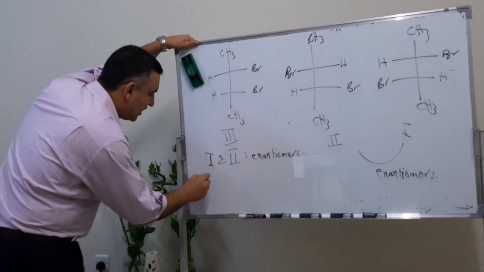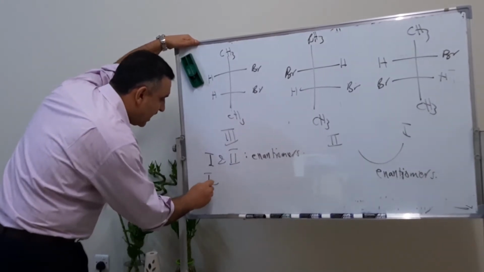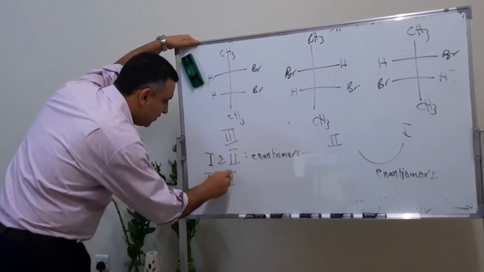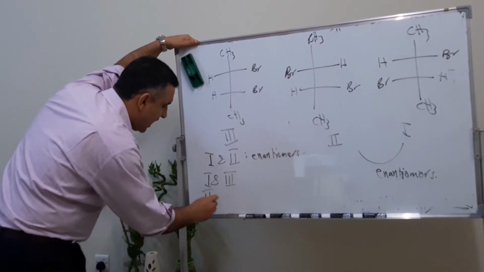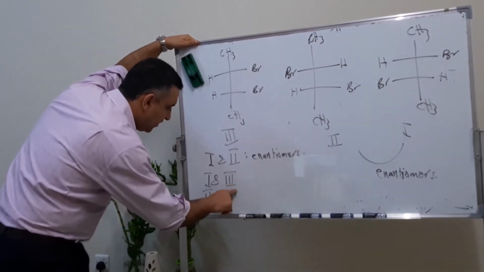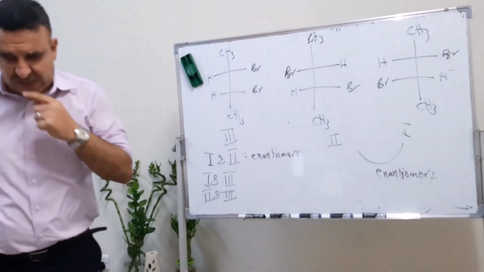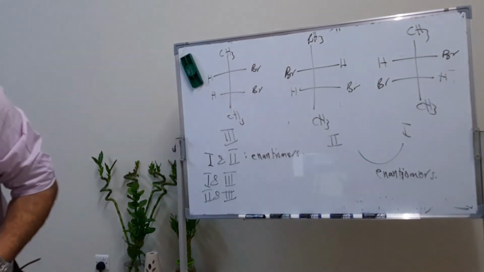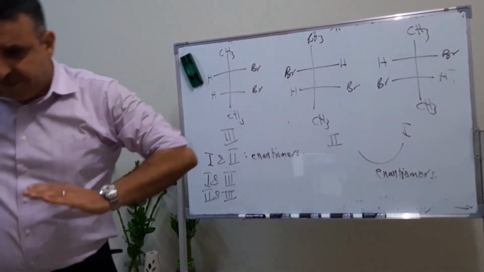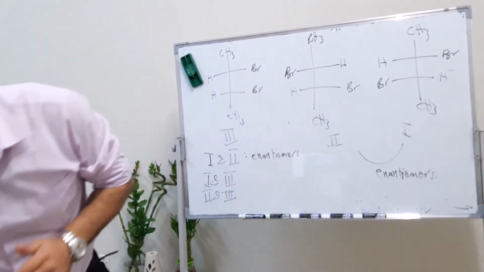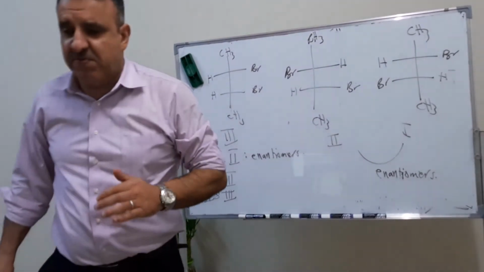Right. What about the relationship between 1 and 3, or 2 and 3? What do you think? What should it be? If you remember from the previous lecture, yes, perfect, thank you, perfect.